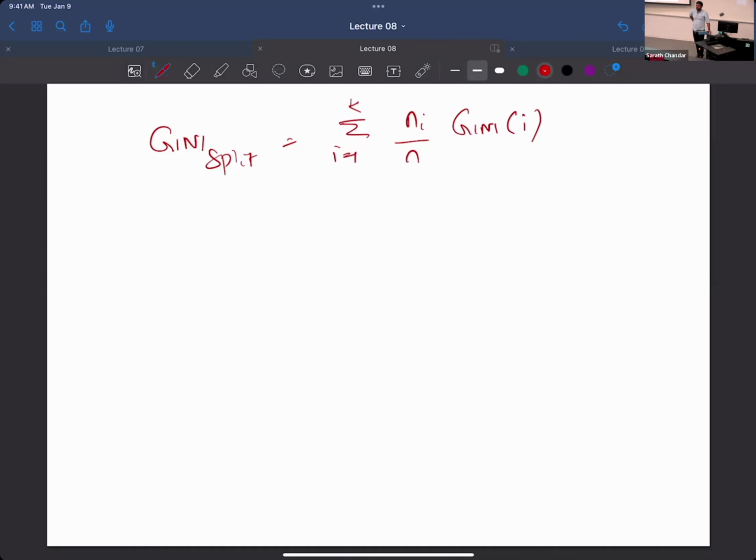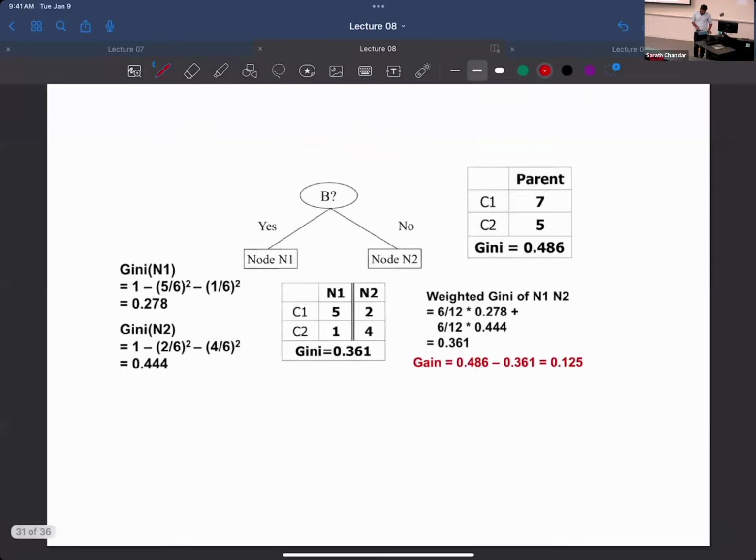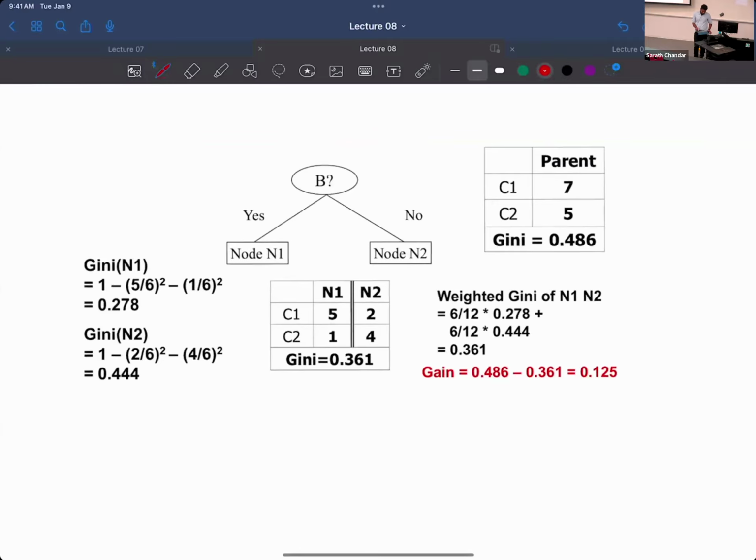Okay, so we are basically weighting each Gini to come up with the final one. Okay, so here is a worked out example. So in this case, I start with 7 class 1 and 5 class 2. I'm considering some test which splits the data like this.